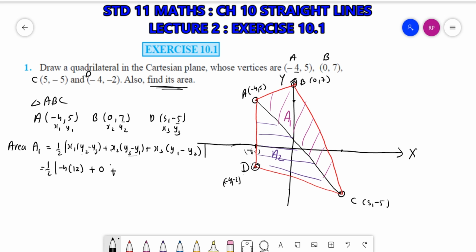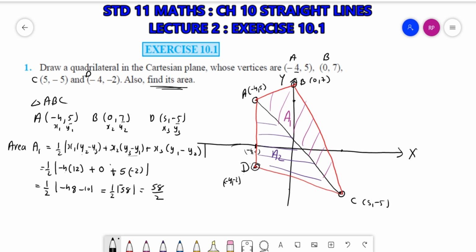Plus x3, that is 5, times (y1 minus y2), so 5 minus 7, which is minus 2. So 1 by 2 times (minus 48 minus 10), which is half modulus of minus 58. So this will be equal to 58 by 2, area A1.